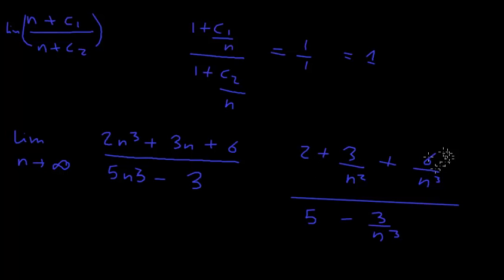This would tend to 0, this would tend to 0, and this would tend to 0, and the thing remaining is 2 over 5. If you have same degree polynomials in the numerator and denominator, you should be able to find the limit just by looking at the coefficients of the highest degree.